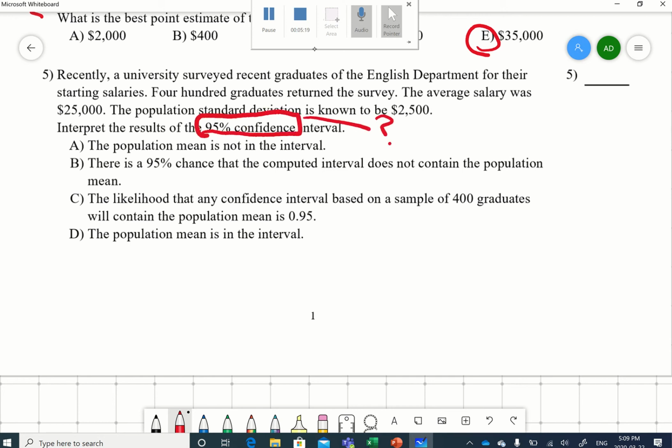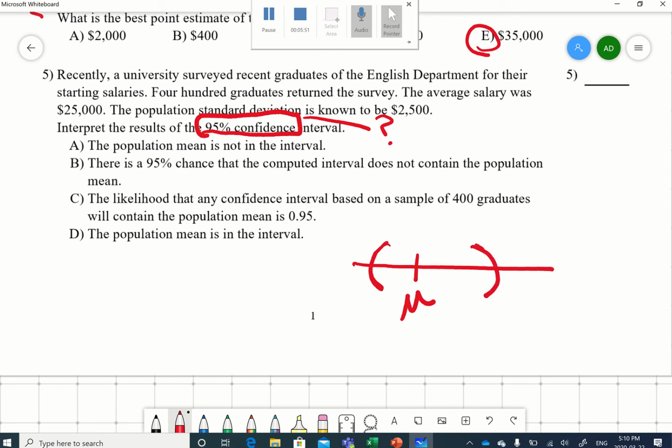Like I said in my lesson, 95% is the likelihood, the chance that the parameter is within the interval. They're trying to estimate the average starting salary of a graduate from their department, so they're trying to estimate the population mean using a confidence interval, right?